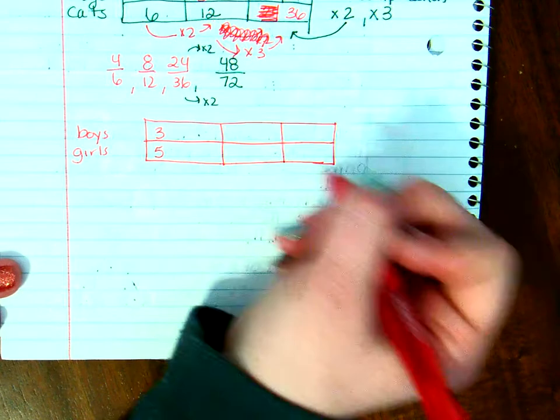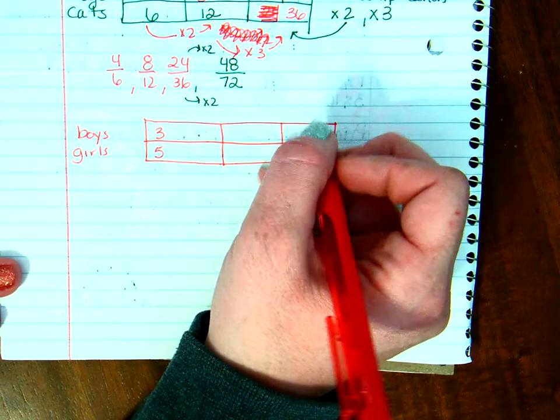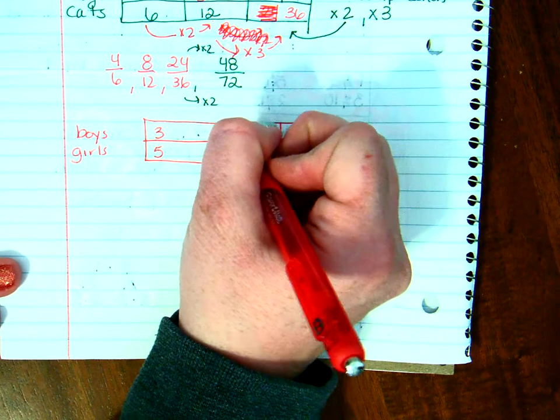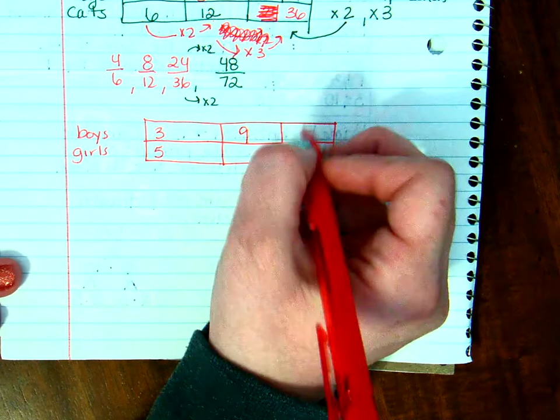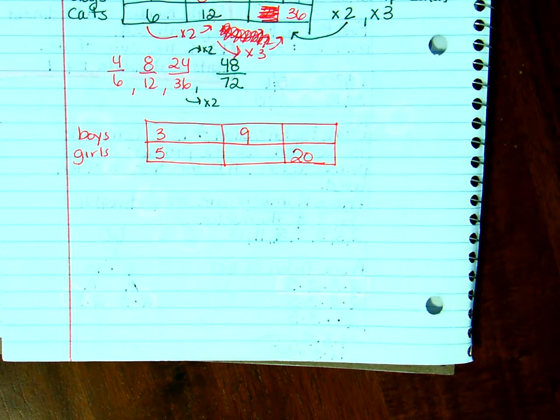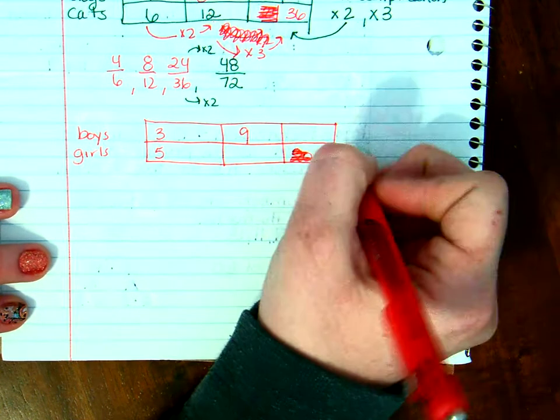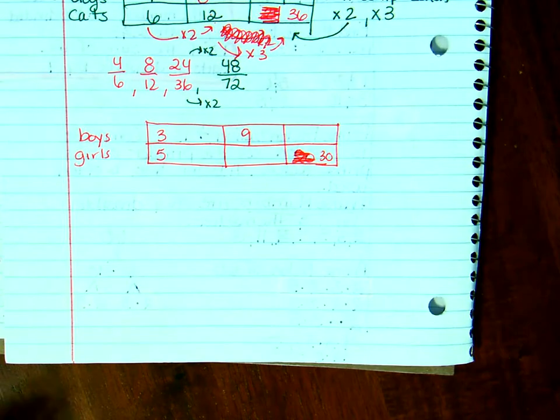And for this one, I'm going to fill in my terms. So let's say I have 9 and I have 20. Okay. All right. Actually, let's do 30.